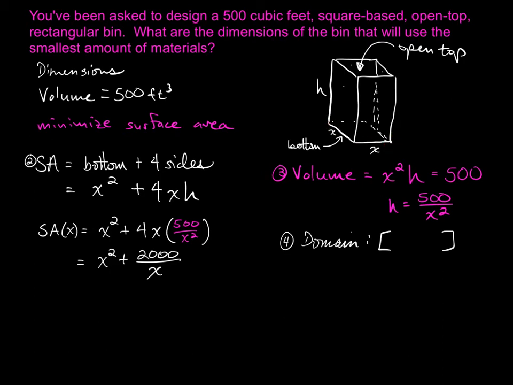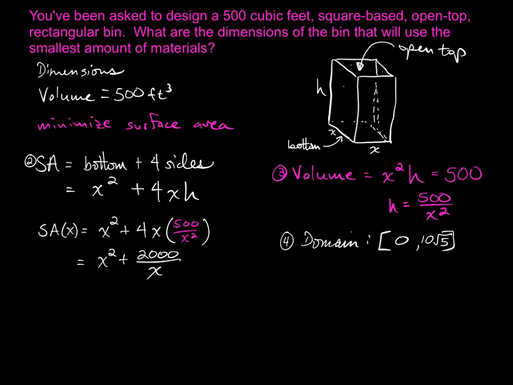So the largest it could be in simplified terms would be 10 square root of 5. The smallest that we could have for each side of the base here would be 0. Again, that doesn't make a whole lot of sense, but the domain could actually be 0. All right, so we have a feasible domain.